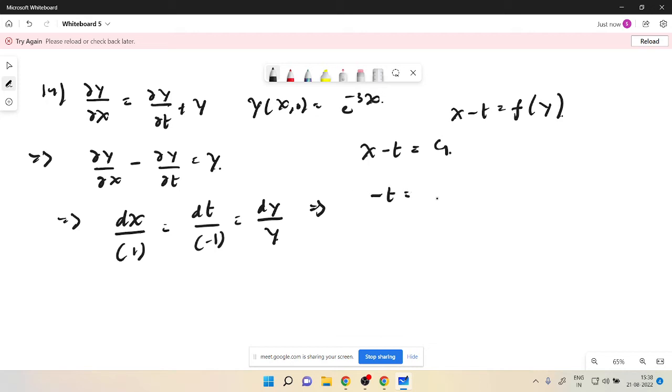Minus t is equal to y. y is equal to e to the power minus t times f of x, right?